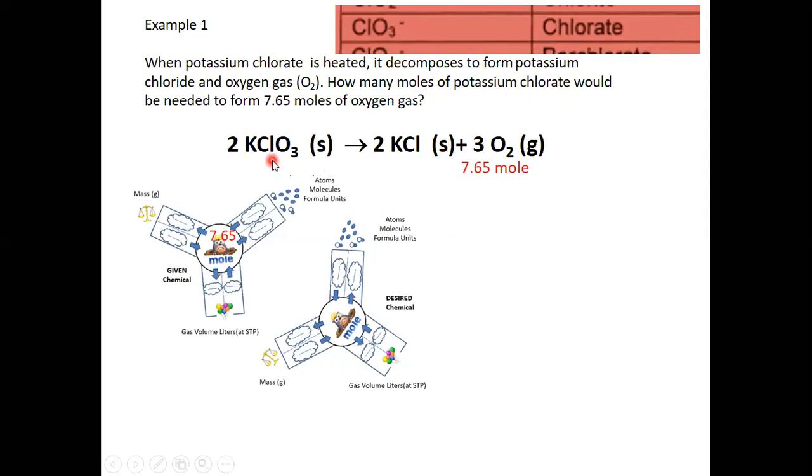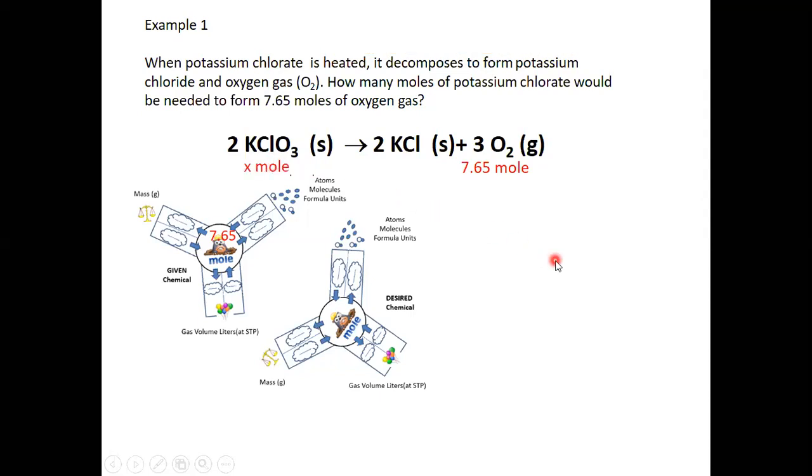Therefore, this is our unknown or our desired. Sometimes I like to call that desired quantity the X, or the unknown. And it's asking us to determine it in a mole amount. Therefore, we have a given amount in mole and a desired amount in mole. So we are going from a mole amount of given to a mole amount of desired.